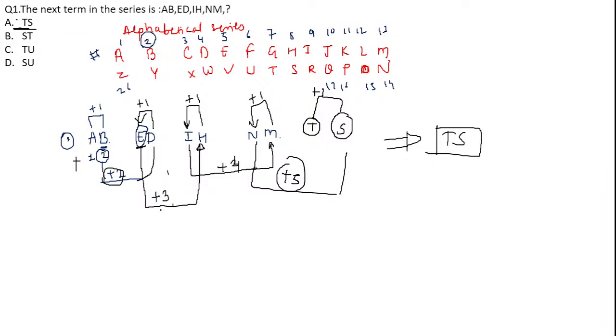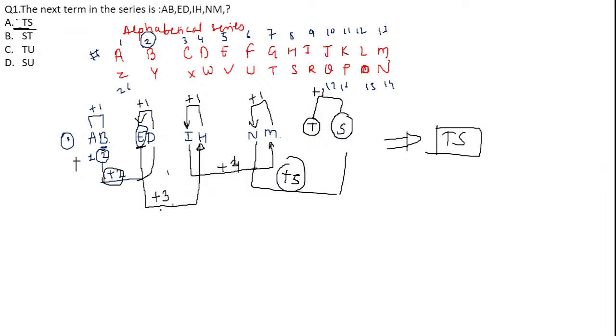Here we are doing A plus 1, so we got B. Correct? Then we are doing B plus 2, now we are getting D. Then we are doing D plus 1, so we got E. After that we do E plus 3, we get H.